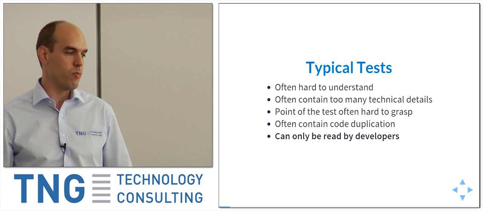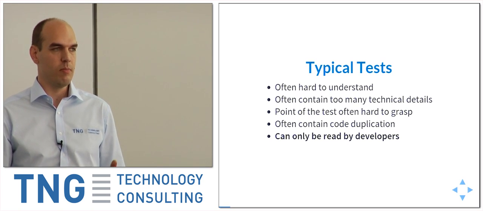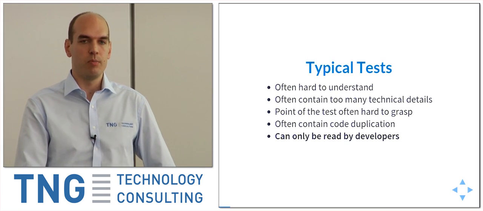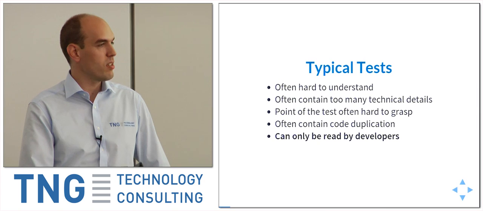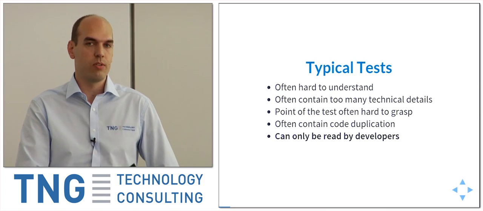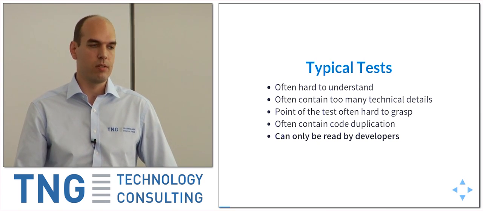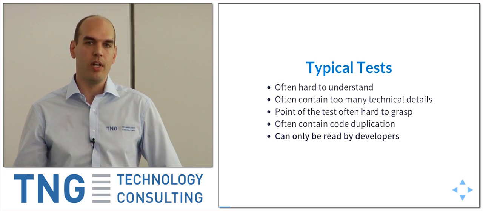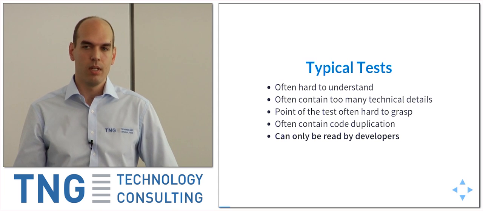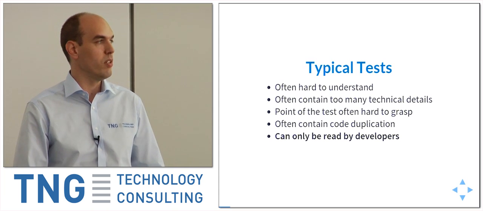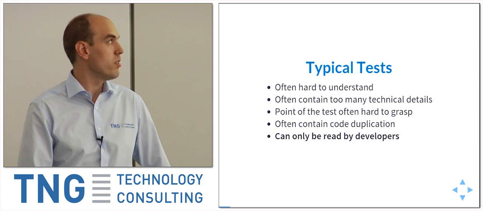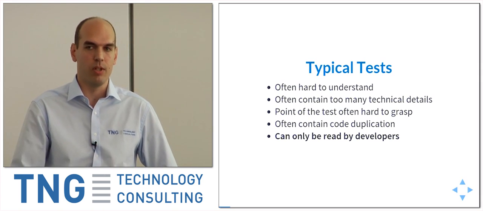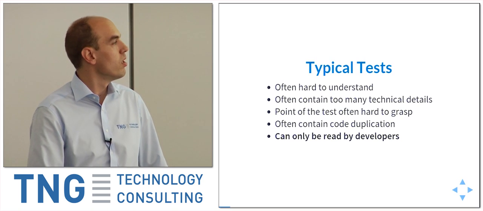So you somehow have wasted much potential information because only developers can read it. And the point is that automated tests like this one actually document the behavior. And the nice thing is that the documentation is also verified against the product. However, the documentation cannot be easily read, and only by developers, and even then it's somehow hard to really see what the test is about.